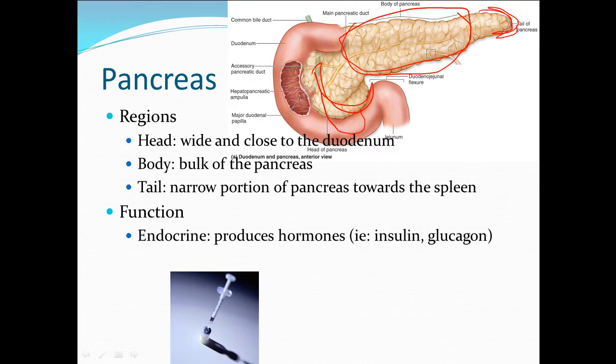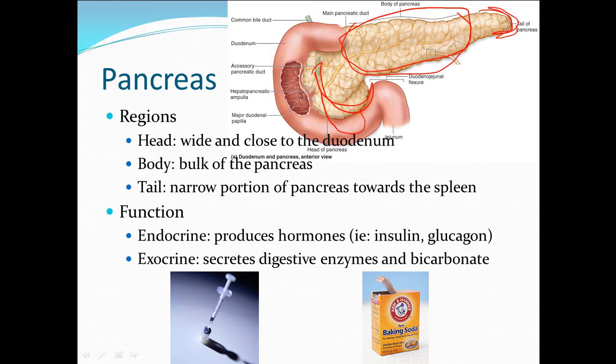Its function, and there's 2 functions. There's an endocrine function. The endocrine function we've talked about in the past, right? It releases what hormones did we talk about? What hormones does the pancreas make?